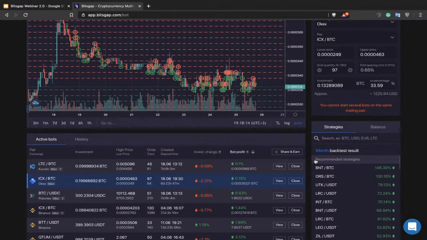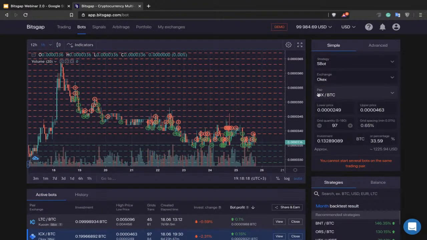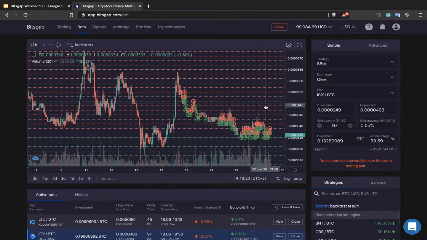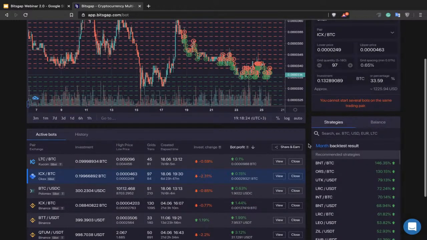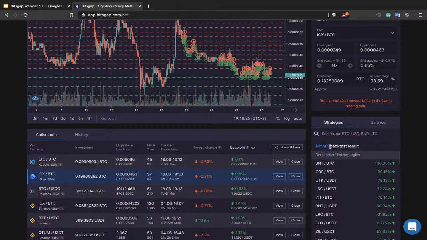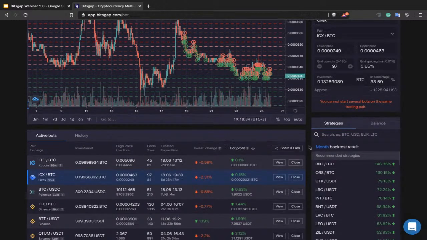And on the right side here, in case you don't know which cryptocurrency pair you want to trade yet, we have recommended strategies here, which we propose to you based on monthly backtest results. What backtest stands for, I will explain to you in 10 minutes.